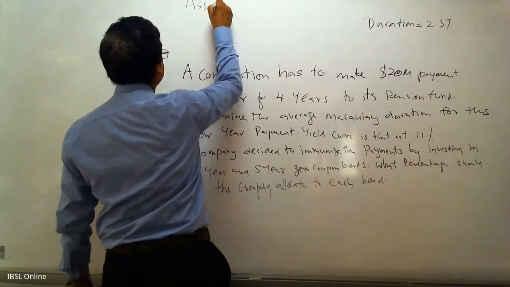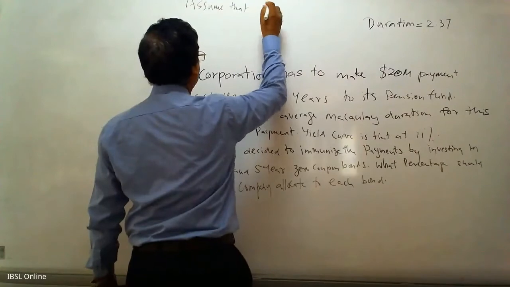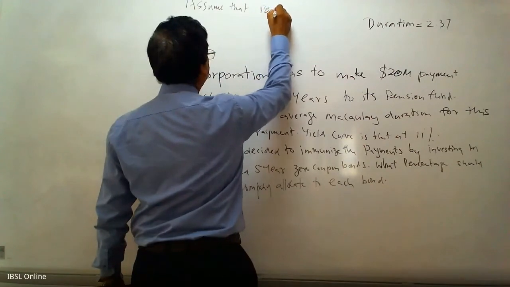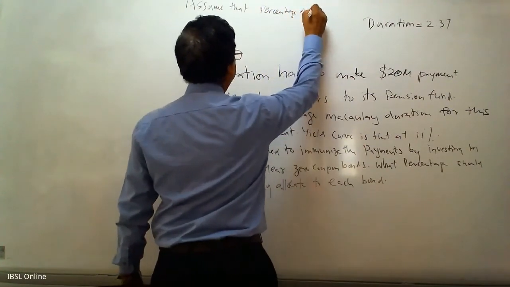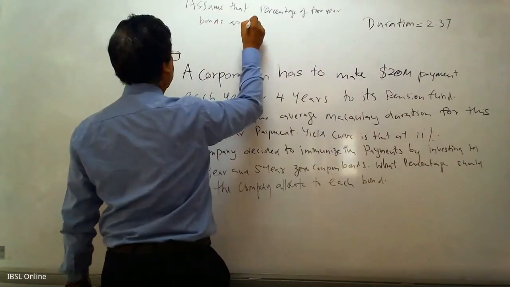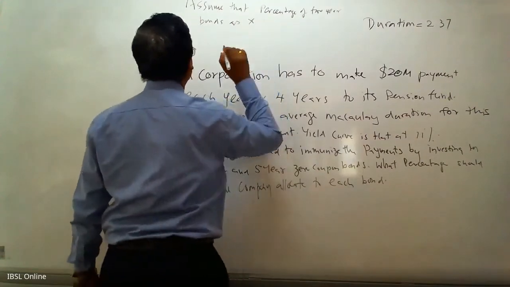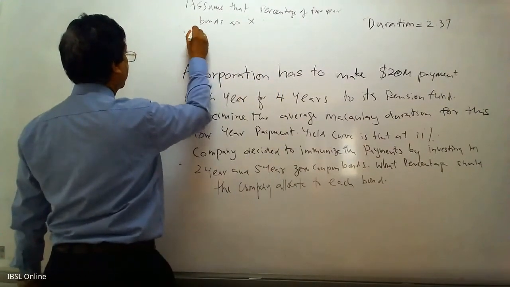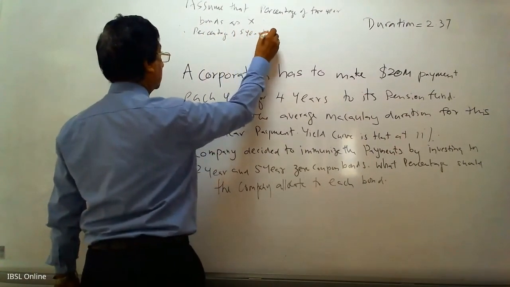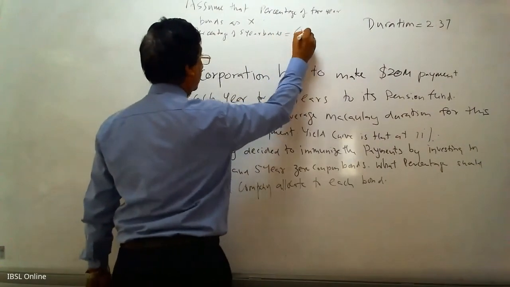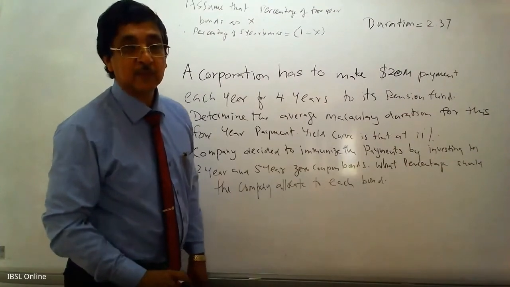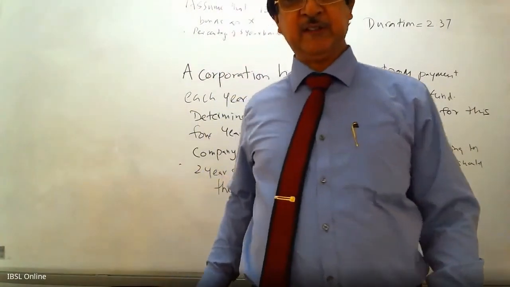Assume the percentage of 2-year bonds as X. Therefore, the percentage of 5-year bonds equals 1 minus X. A percentage means now we can put it in decimal form.